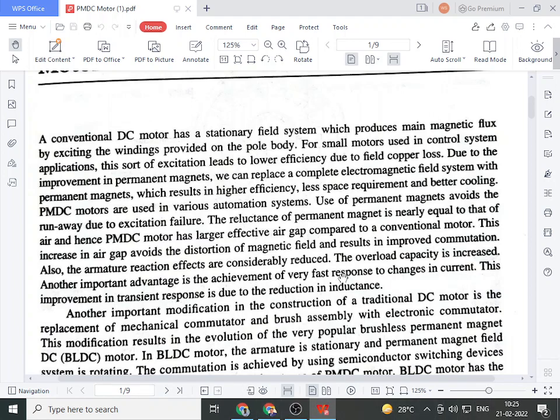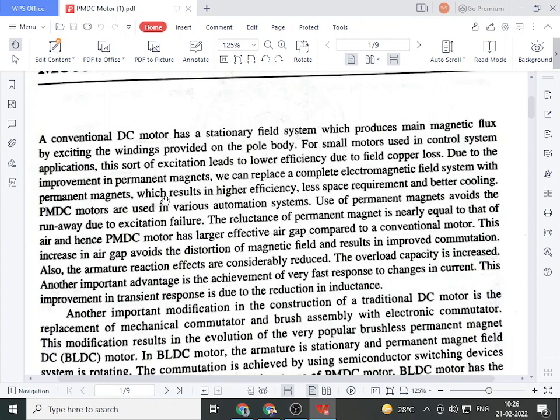So it is required to replace the field system with permanent magnets. Due to improvement in permanent magnet materials, there is continuous development in magnetic materials, and because of this we can replace the complete electromagnetic system, that is the field system, with permanent magnets.